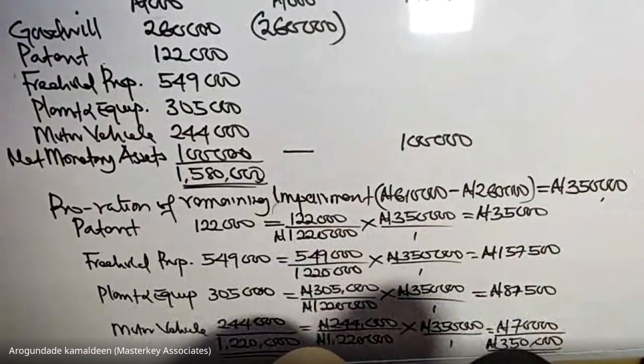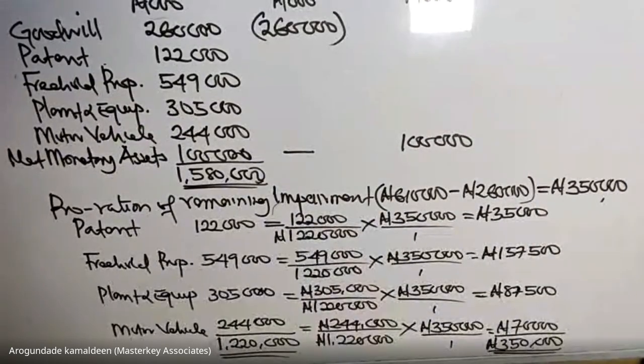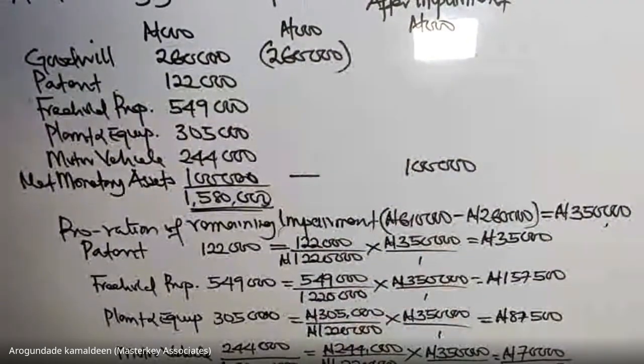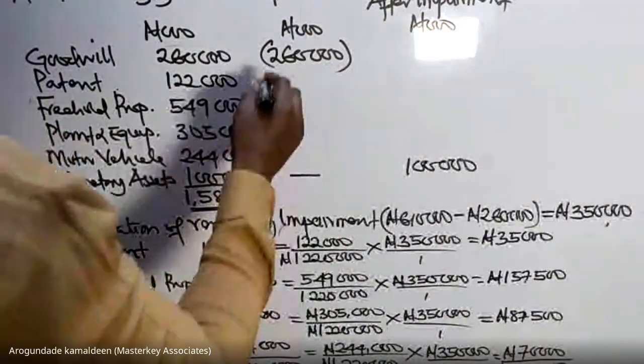Okay. So now you have allocated the impairment. Let's now give it to each of them. For the patent, it is 35.